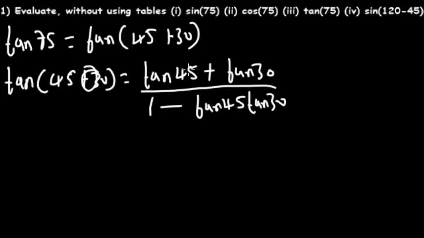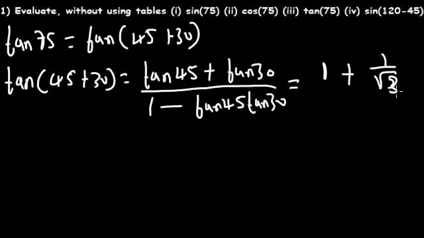So for tan, the sign will still be the same for the numerator, but for the denominator, it will be opposite. Tan 45, we said is simply 1 plus tan 30, we said that's 1 over root 3. Let me write that properly.